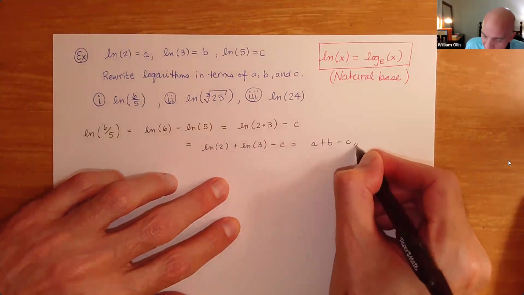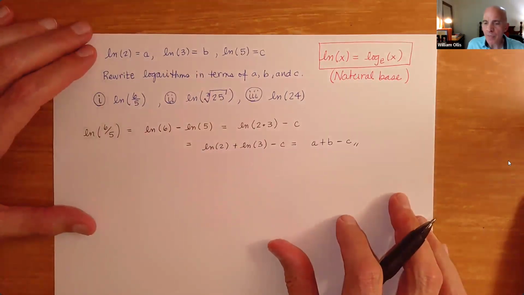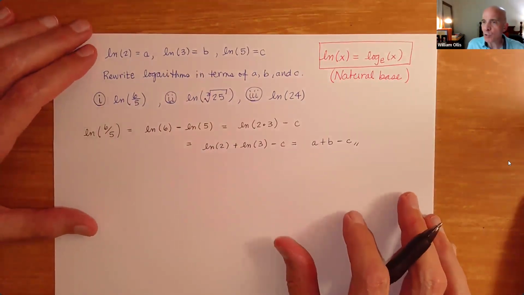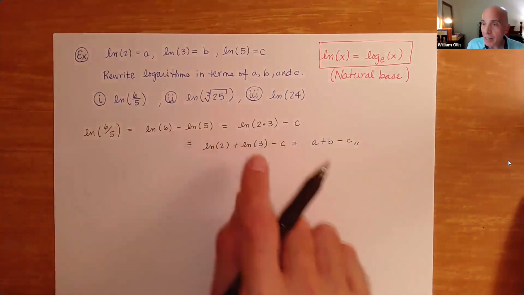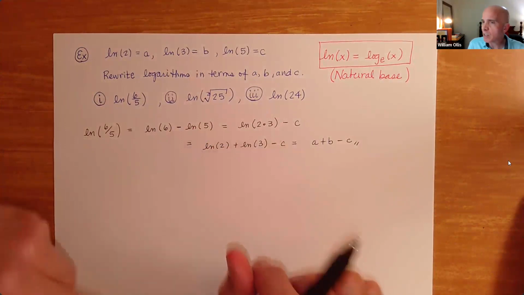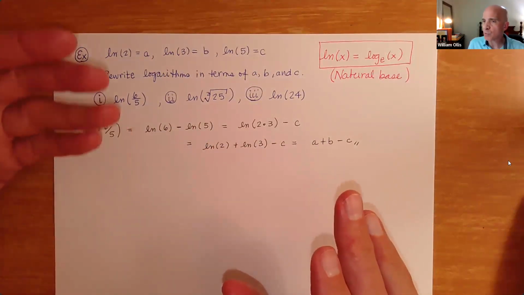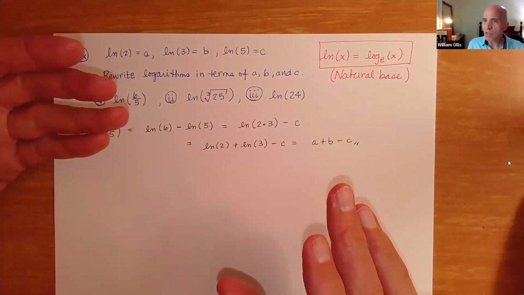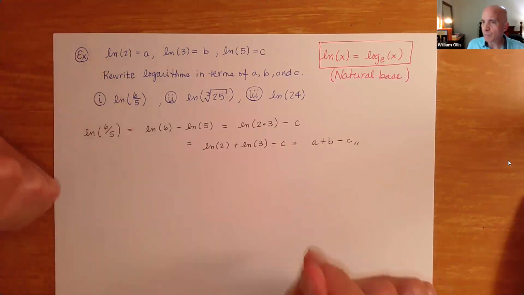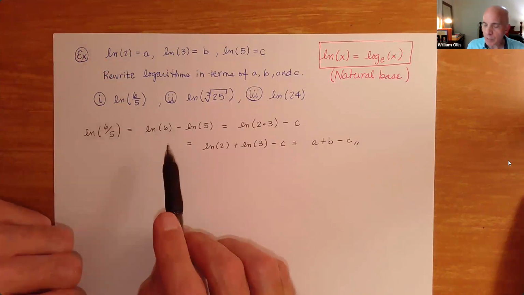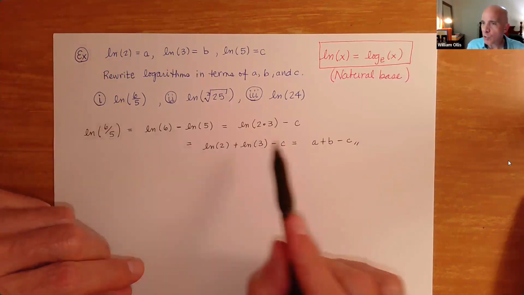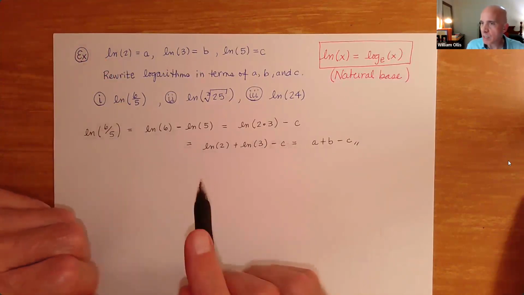Like I say, these are academic exercises, but they're important because many times when you're working in mathematics, you will see ways to rewrite logarithm expressions. You might look in a textbook and see a very interesting expression that does not look like what you just computed. But then when you study the equality of the arguments, you're able to rewrite your expression as the one you see in the book.